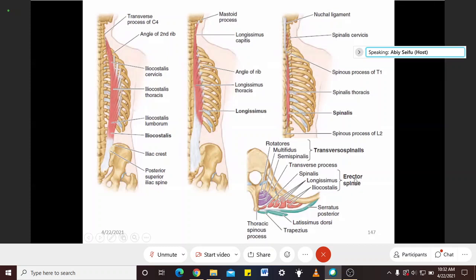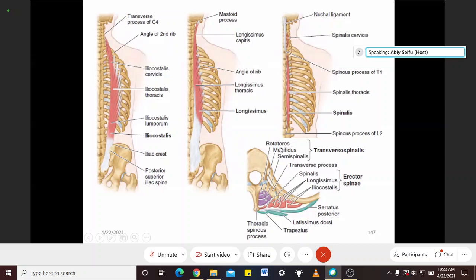Whereas the erector spinae, which is the intermediate one, is found between the angles of the ribs or transverse process up to the spinous process, and there is also a group deeper to it between the spinous and transverse processes, the deep back muscles, which is commonly called the transversospinalis group. Those muscles, by the way, are difficult to identify on the cadaver, except the multifidus muscles.